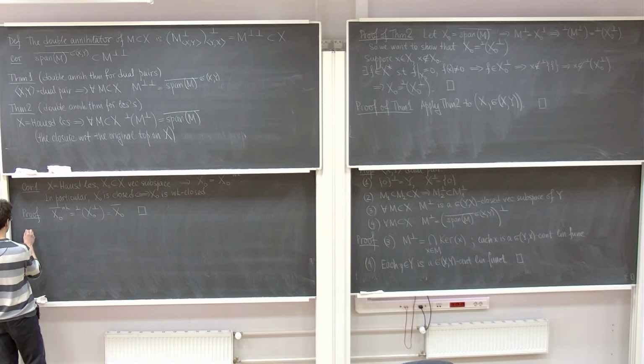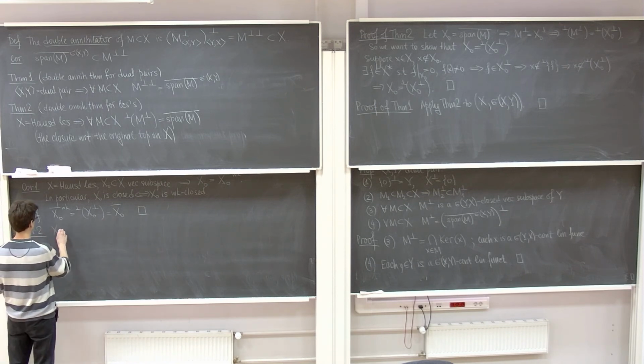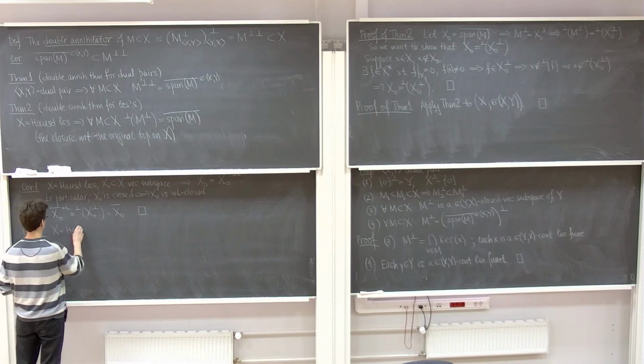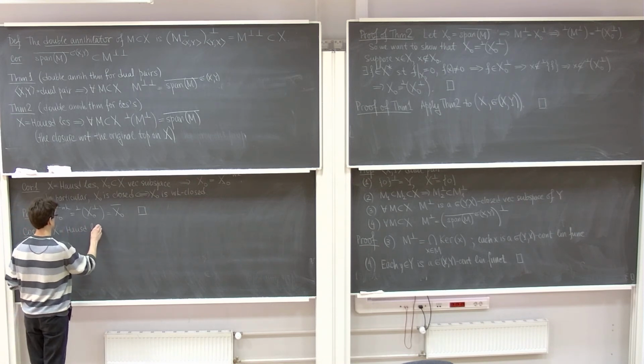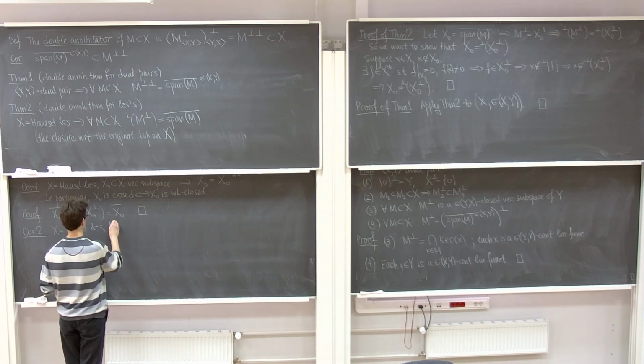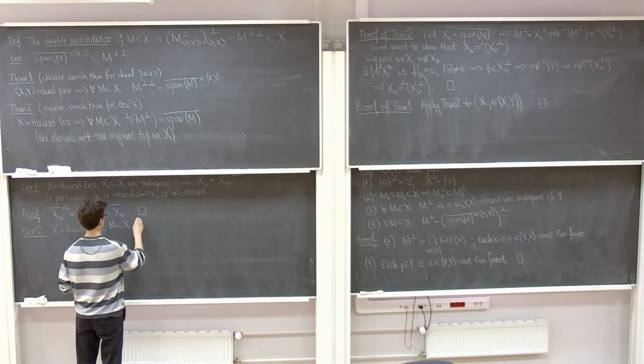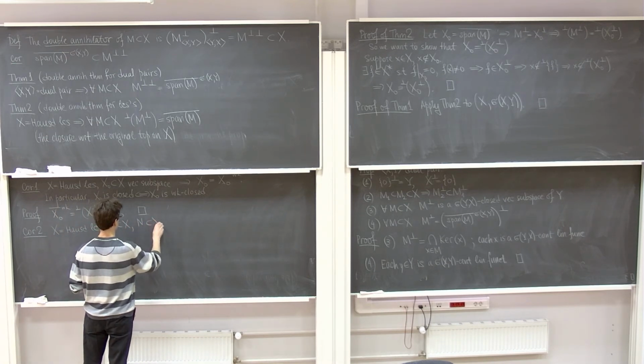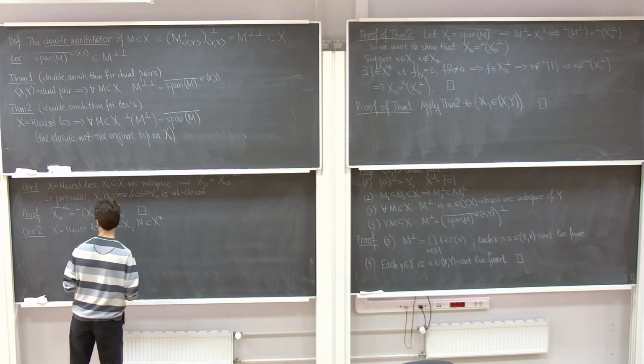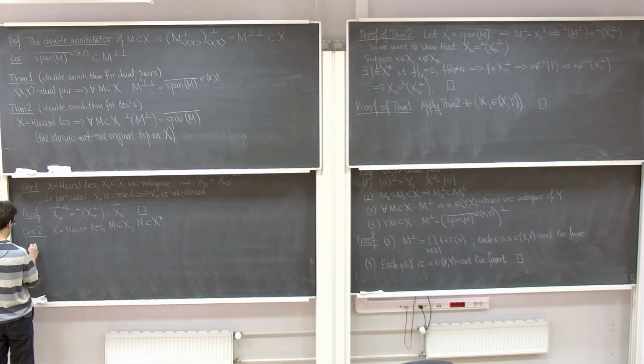Okay, corollary 2. Suppose that X is a Hausdorff locally convex space, M is a subset in X, and N is a subset in the dual. So part 1.